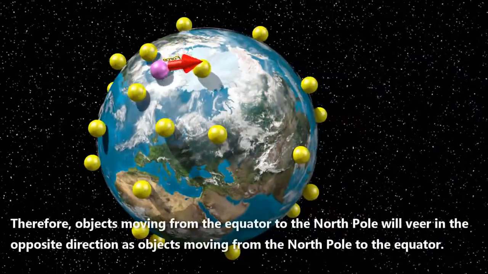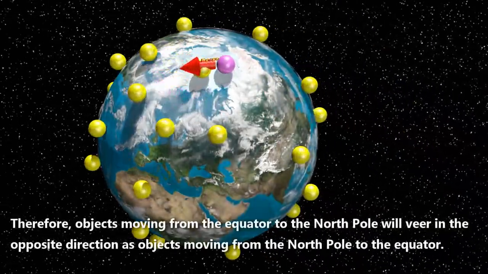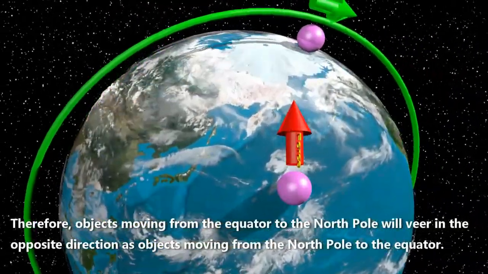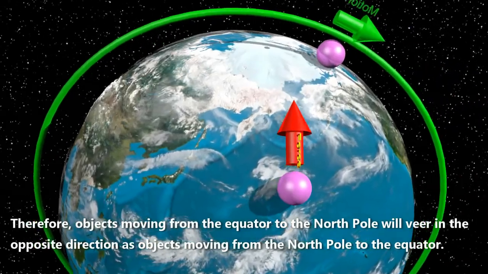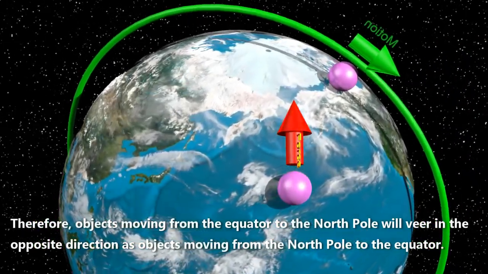Therefore, objects moving from the equator to the North Pole will veer in the opposite direction as objects moving from the North Pole to the equator.